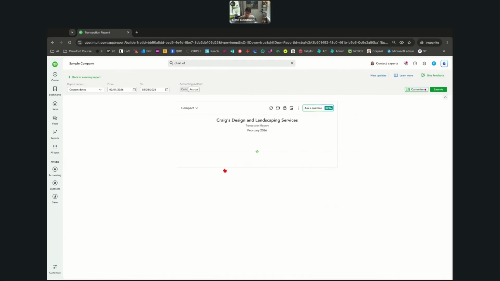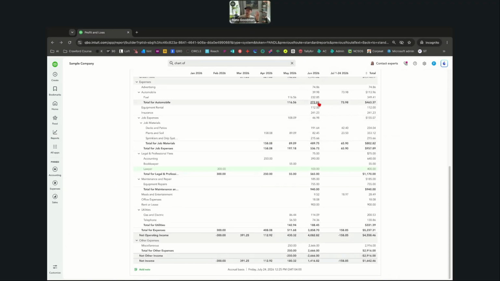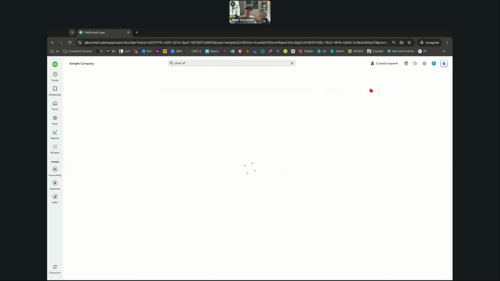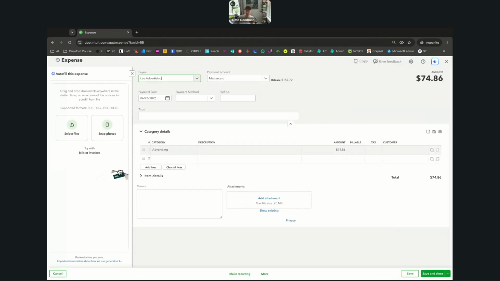We paid our lawyer, and we could see, is this actually that person? When I want to make sure things are classified, I go through each line and click in to get the detail, make sure we're actually spending it on what it was supposed to be, and if not, I can just open this transaction and reclassify it to the correct account.